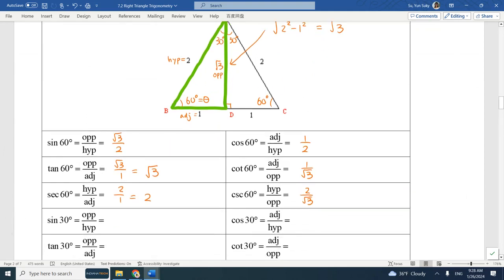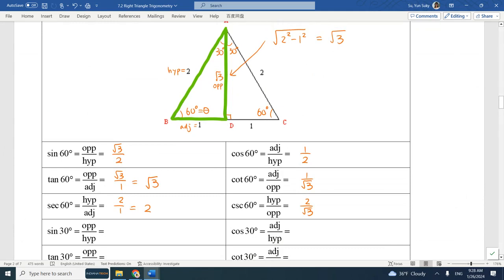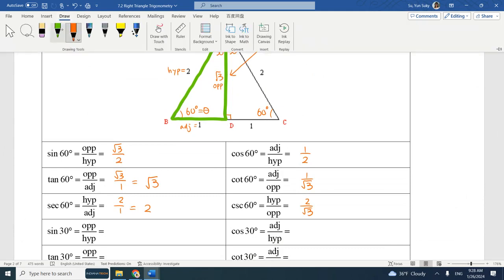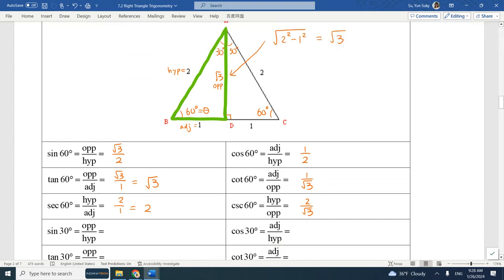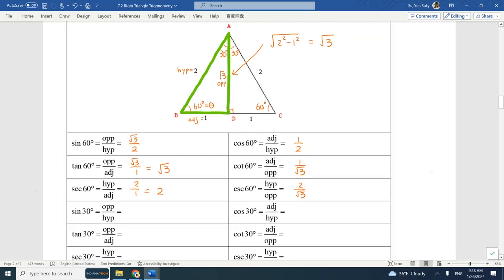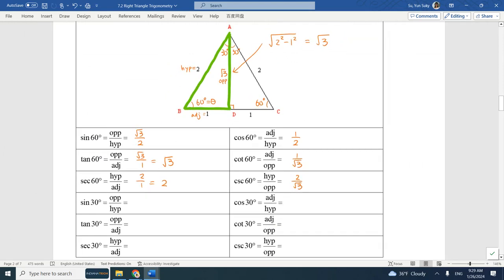Now we look at the 30 degree. Let's use purple. Okay, 30 degree. Look at this picture. 30 degree is right here. Now, our theta is 30 degree.